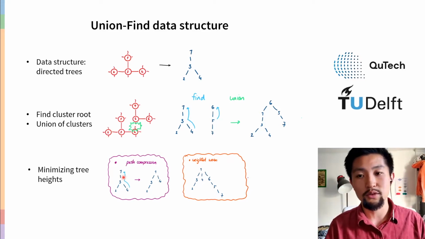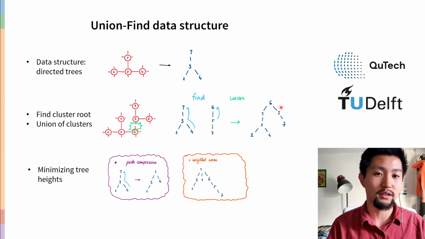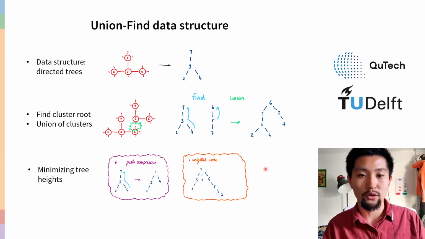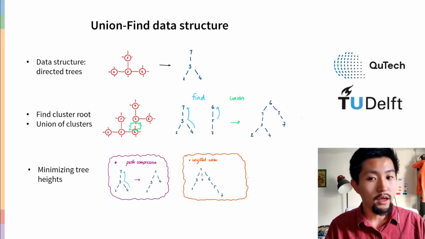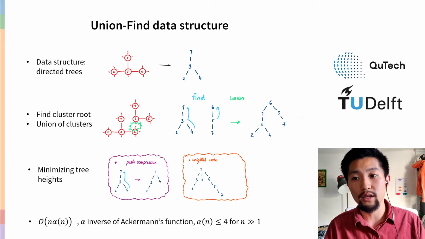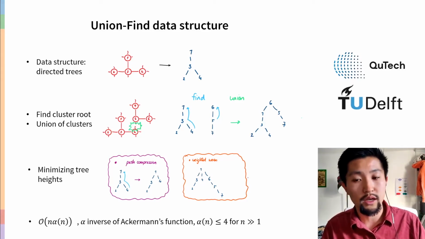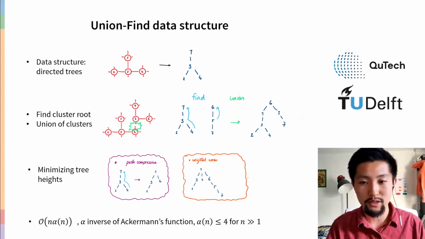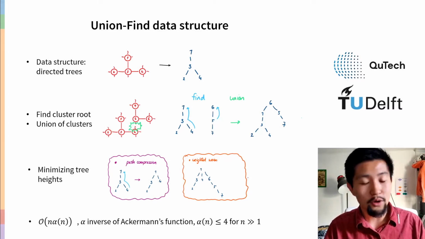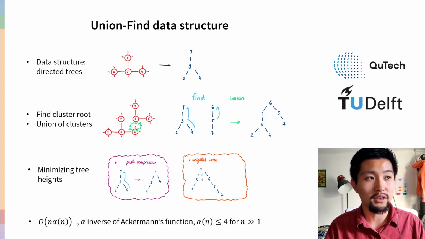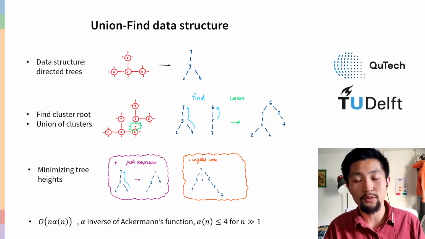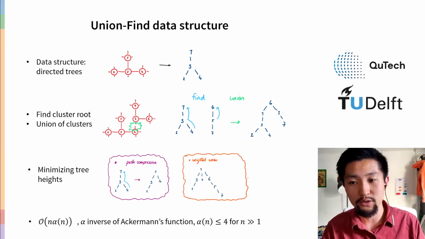The second rule is weighted union, which is basically always making the smaller tree a child of the bigger tree. With the combination of these rules, the data structure has a complexity of O(alpha(n)), in which alpha is the inverse of Ackermann's function, which for all physical purposes is below 4. So basically, the complexity is linear.